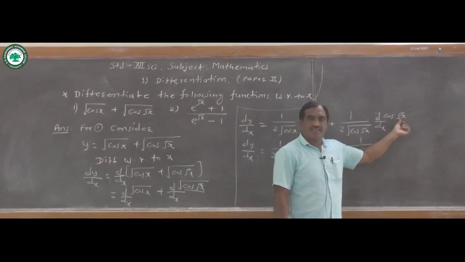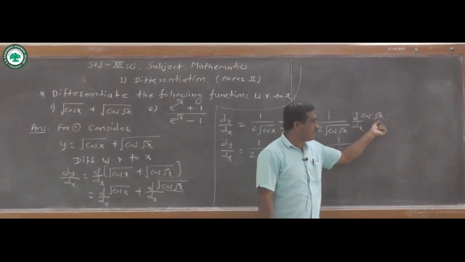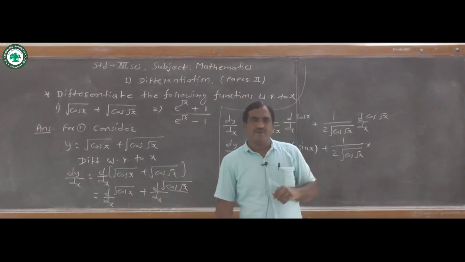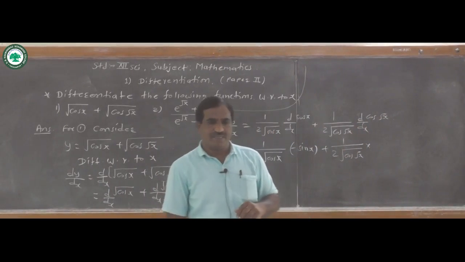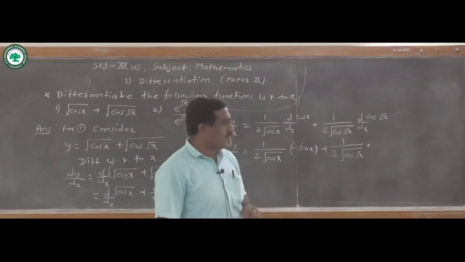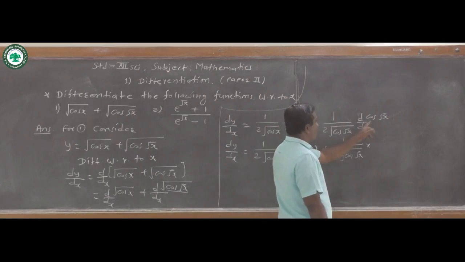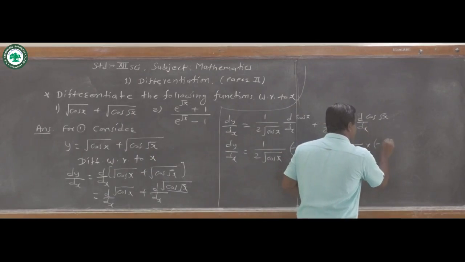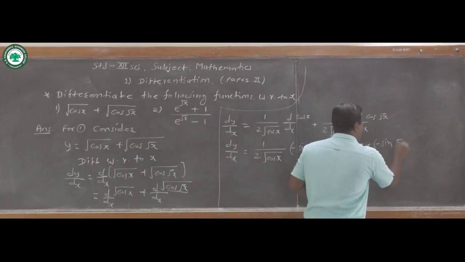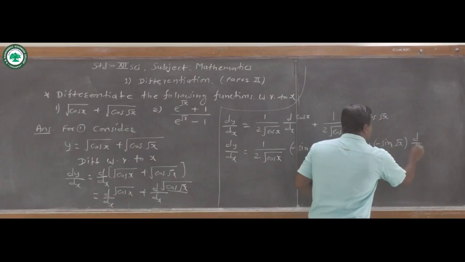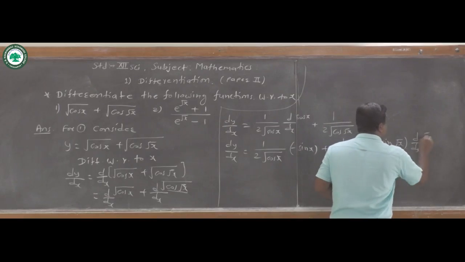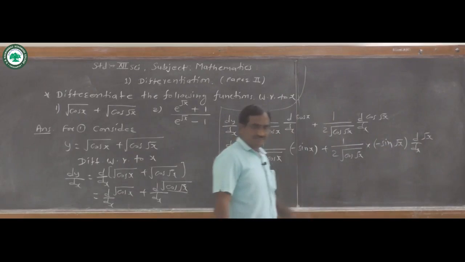Suppose root x as f of x, then we get cos of f of x, and we know that derivative of cos of f of x is minus sine of f of x into f dash of x. Therefore, derivative of this term is minus sine of root x into d by dx of under root x.